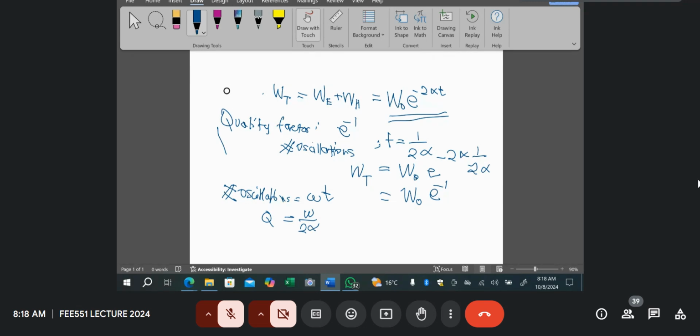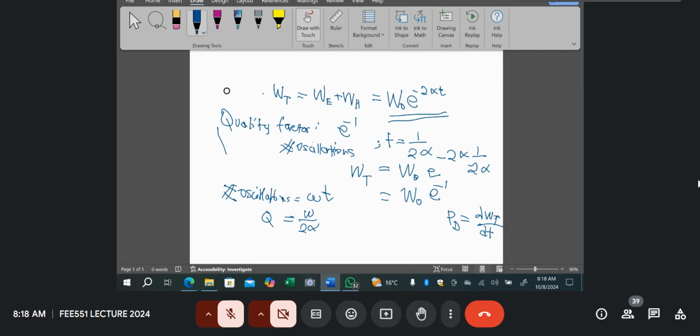And we know that the power dissipated is d omega t over dt. This will give us that dt is d omega t over PD. So it means we can replace it here.